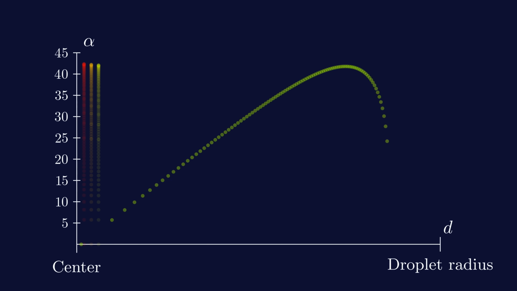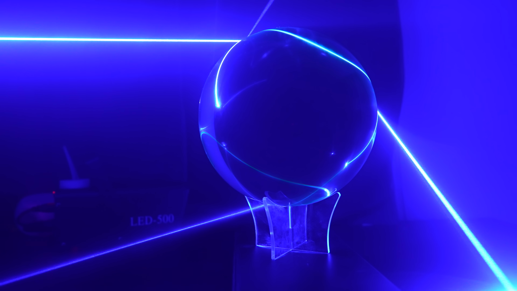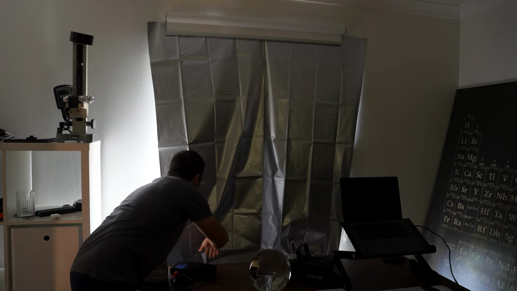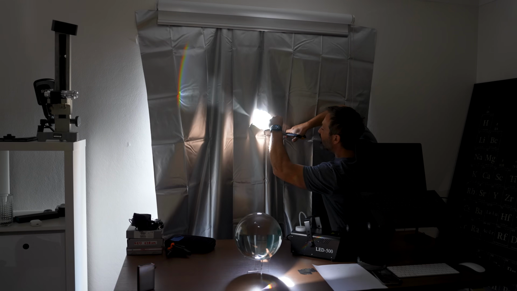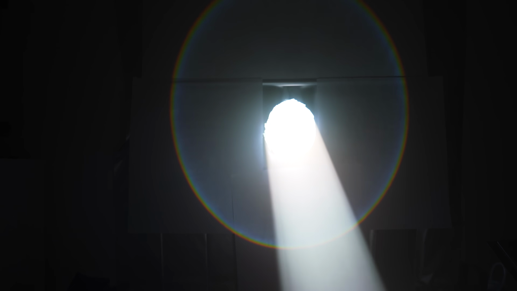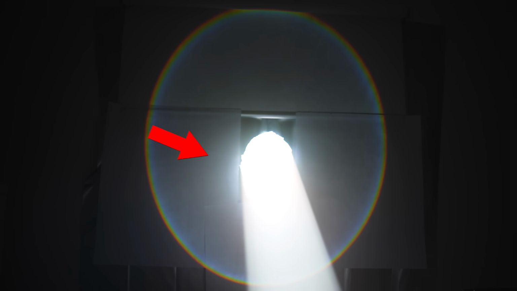So now we know what happens along a single radius of the sphere. So what happens if we uniformly illuminate the whole sphere with white light? Well, I blacked out my window and cut a hole just big enough for afternoon sunlight to cover the sphere. You can see there's a circle of white light coming from the reflections off the back of the sphere.